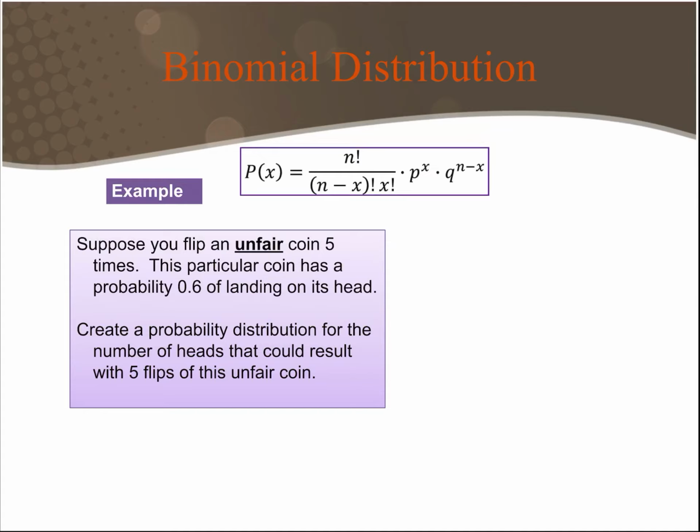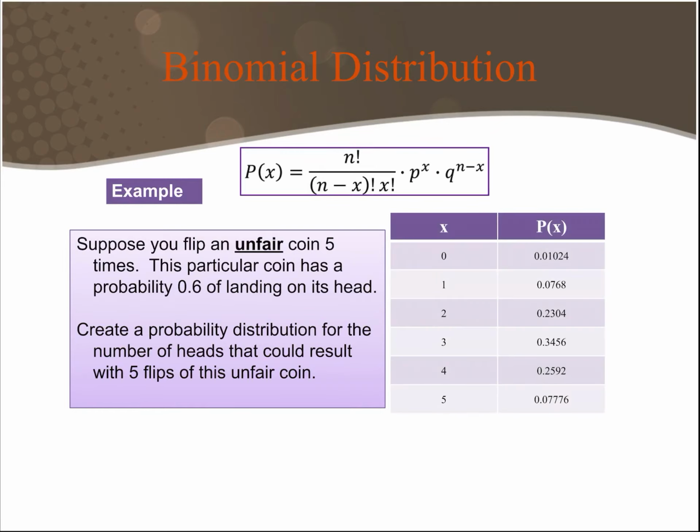So we would use the formula we were doing last time. n would be our number of trials, that will be 5. X is the number of successes. That would depend on what our random variable is. X could be 0 heads or 1 head or 2 heads or 3 heads.